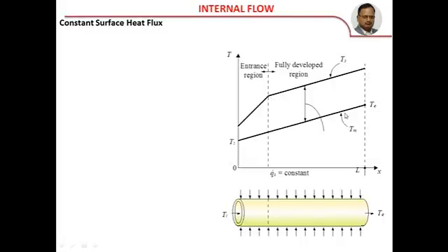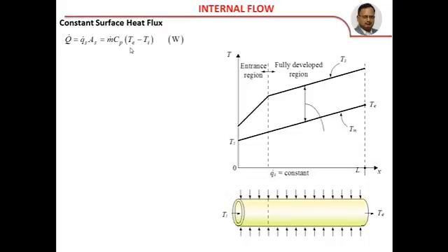So in a constant heat flux condition, the surface temperature is not constant, it increases as x increases. And the average temperature is (Te + Ti)/2, you can estimate. And this is the delta T.